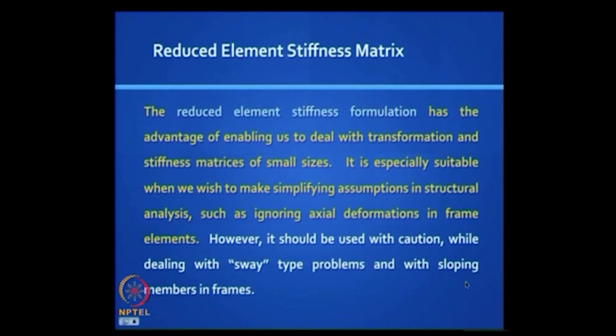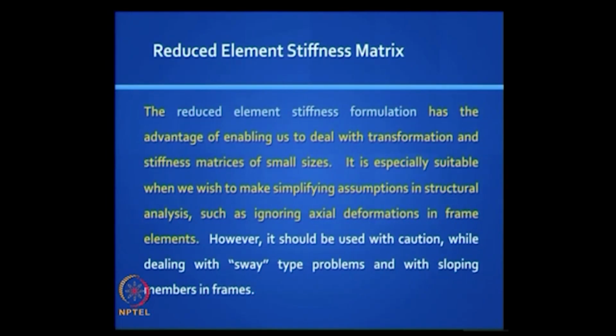The reduced element stiffness formulation has the advantage of enabling us to deal with transformation and stiffness matrices of small sizes. It is especially suitable when we wish to make simplifying assumptions in structural analysis, such as ignoring axial deformations in frame elements, right.